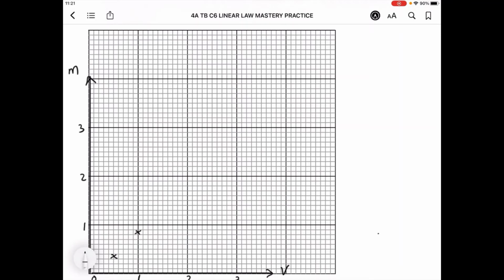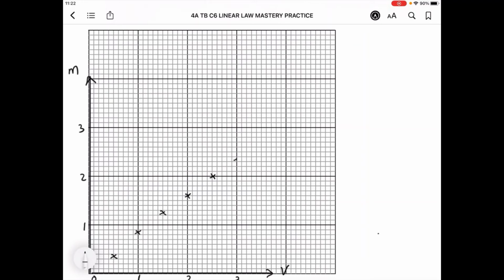Next one is 2 and 1.6. 1.6 is over here. After that, we have 2.5 and 2, and lastly 3 and 2.37. We can read 2.35, it's in between.